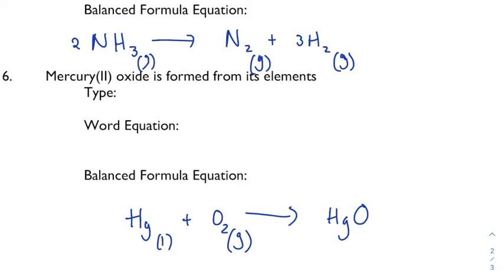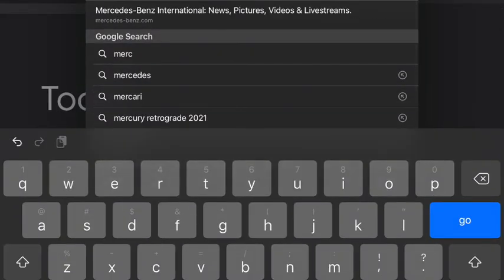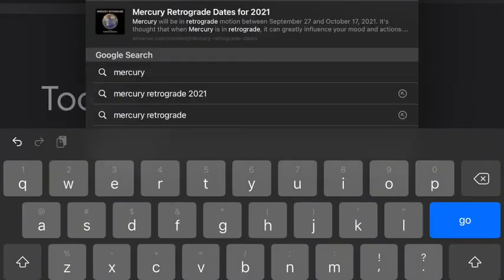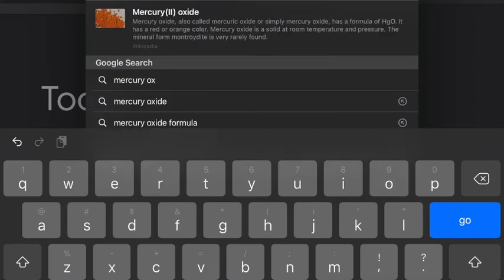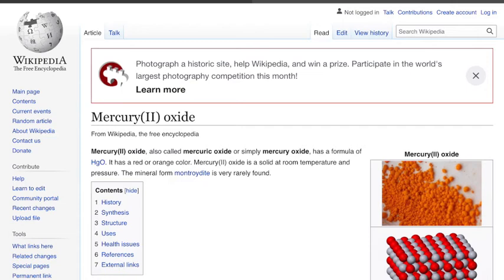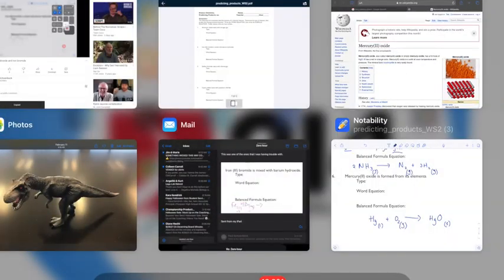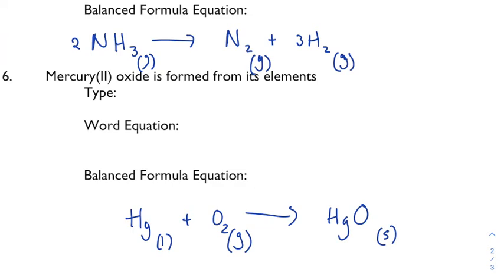Mercury 2 oxide. You know what? We're just going to say that this is a solid. How about that? Okay, and maybe let's double check and see if that's true. Mercury oxide, solid at room temperature. I guessed right. Okay.